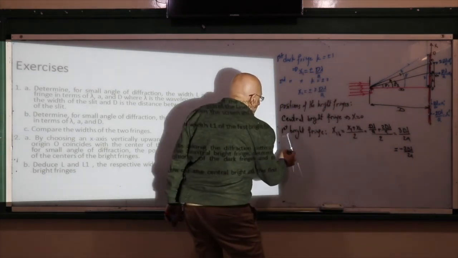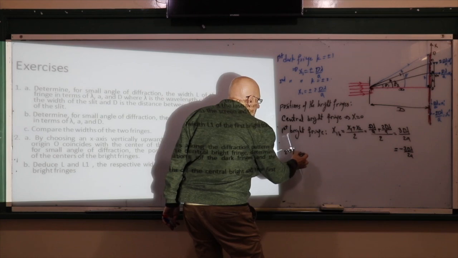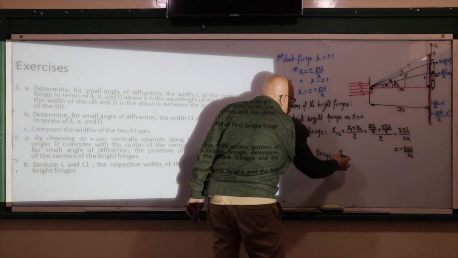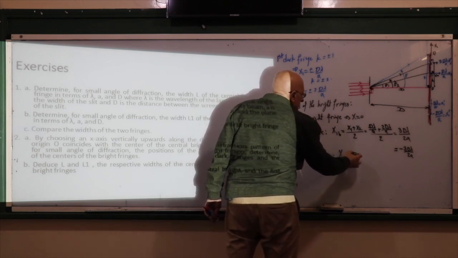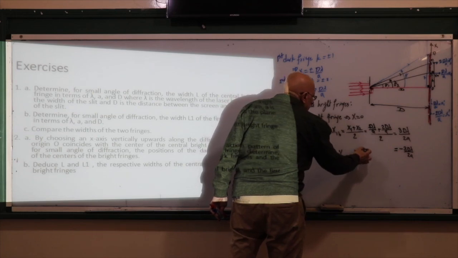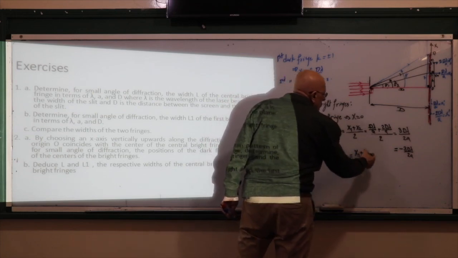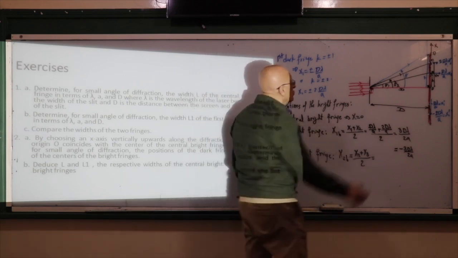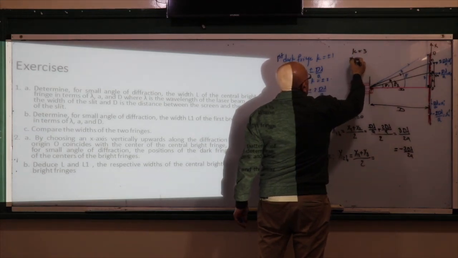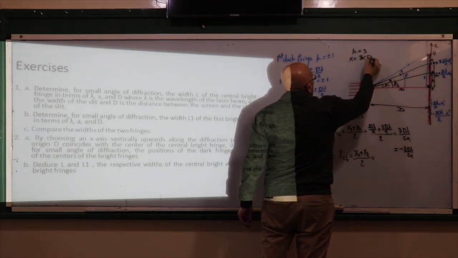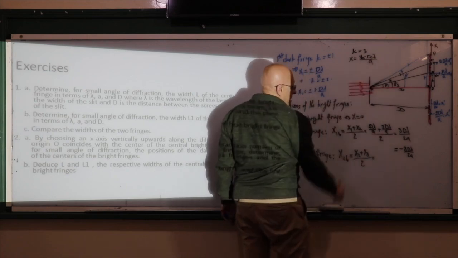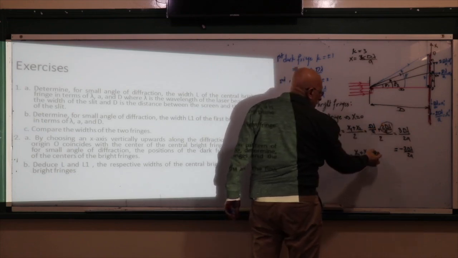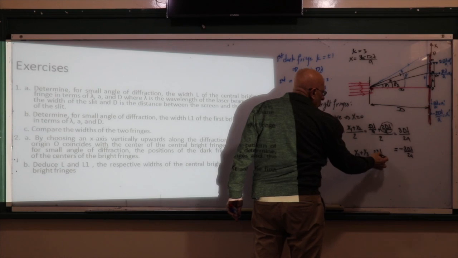Similarly, the second bright fringe gives me x2 bright equal to (x2 plus x3) over 2, and you can find x3 by substituting k equal 3 in the formula k D lambda over a. You get x3, and you substitute x2, which is 2D lambda over a.